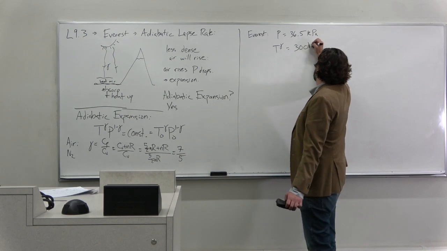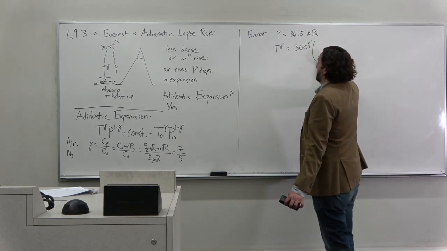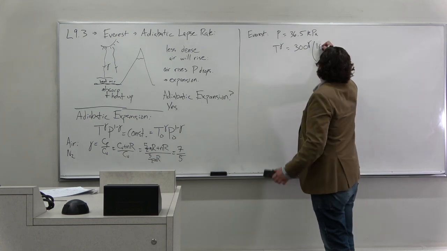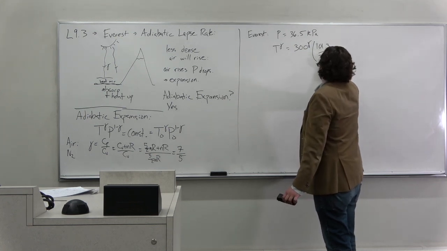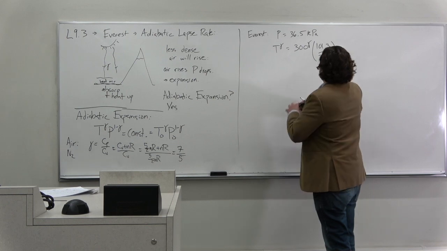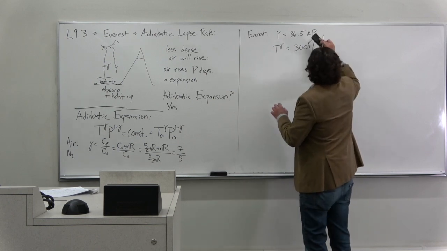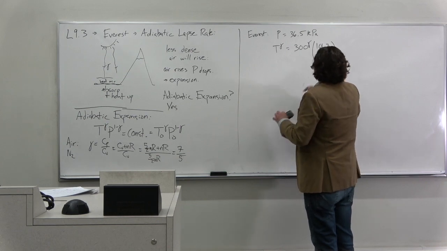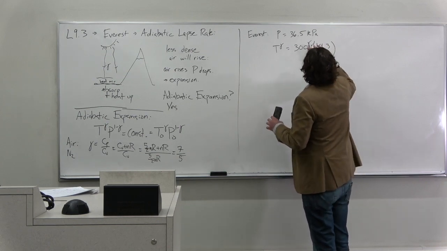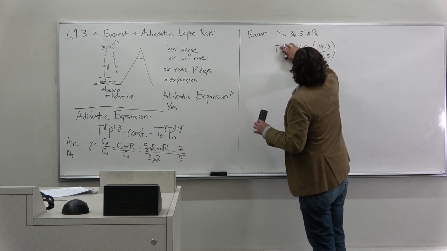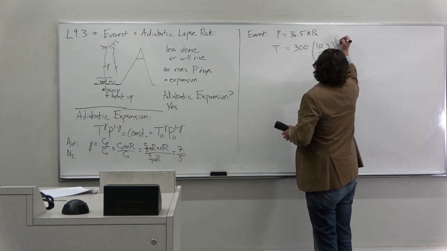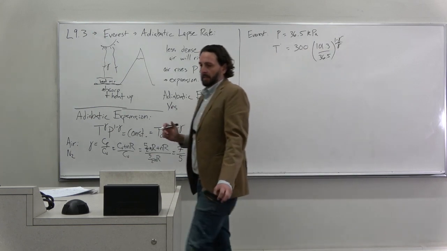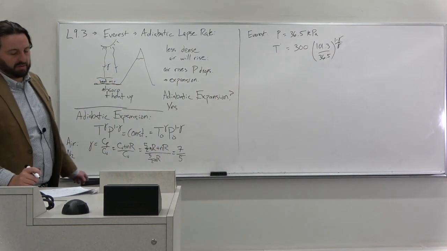So 300 to the gamma is going to be P0, so let's call it 101.3 over 36.5 to the 1 minus gamma over gamma, right? I take the gamma root of both sides.